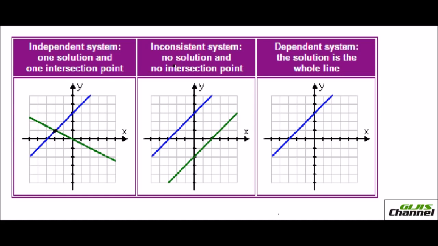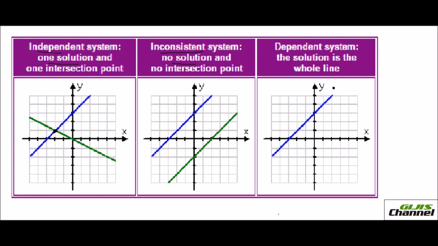So you do not have a solution for it, and that's why you call it inconsistent, okay? So in the previous case you had one solution when they meet, and it is an independent system because there are two different lines meeting at one point.